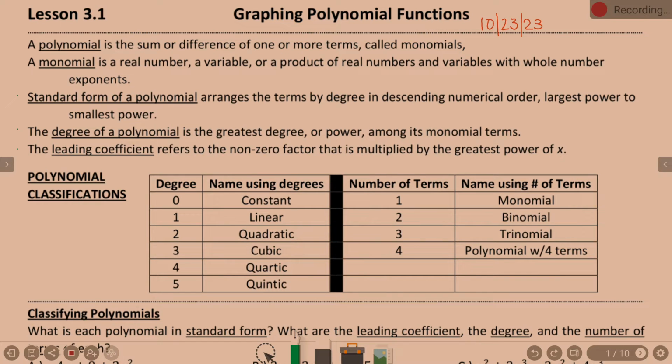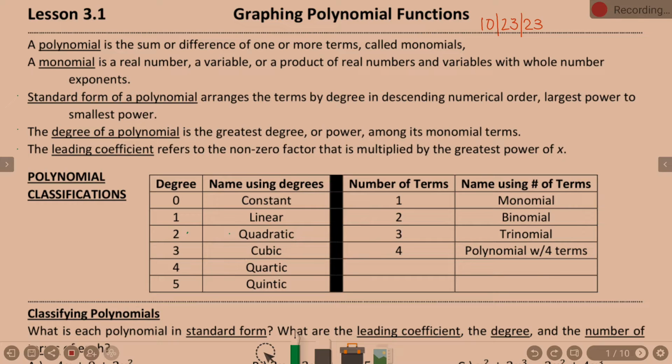Now, you have a chart here, and this chart is going to help us as we're classifying our polynomials. When we talk about degrees, it's the highest power. I don't remember if the homework names them by numbers or by name. For instance, the one I keep talking about, highest degree 2, by name, that is a quadratic.